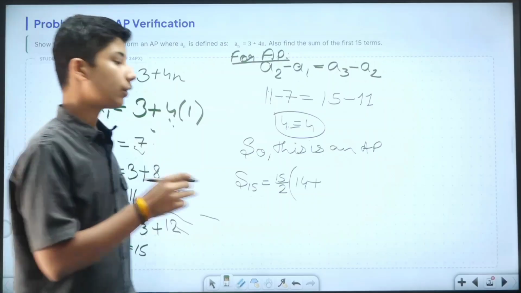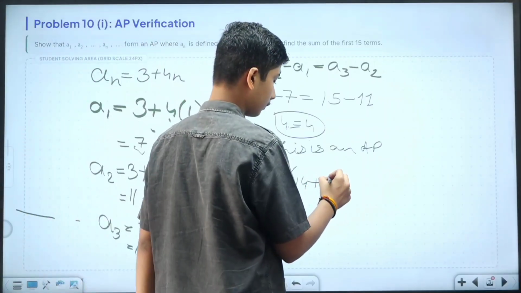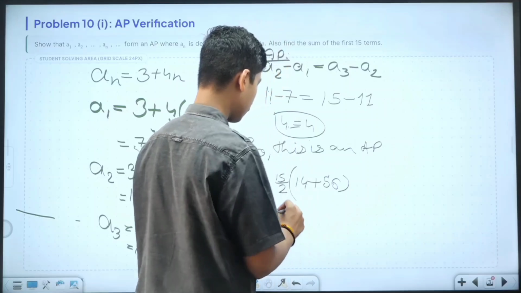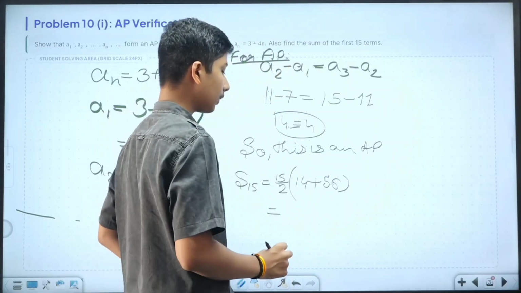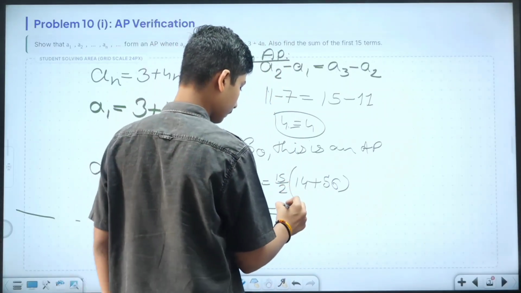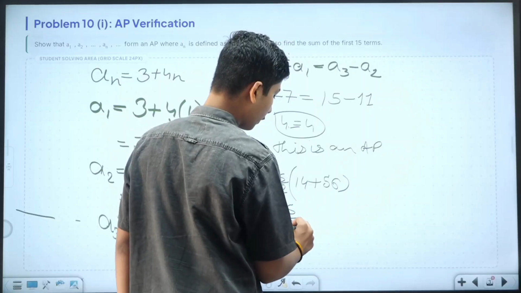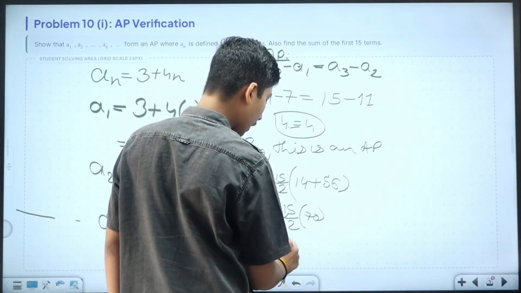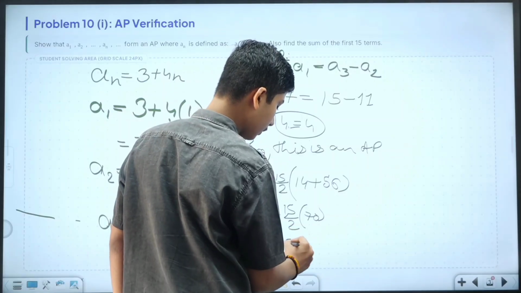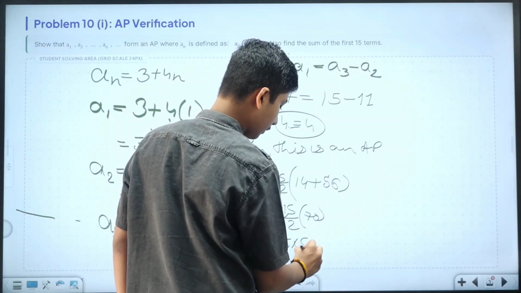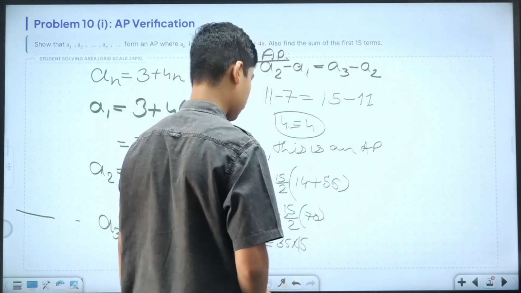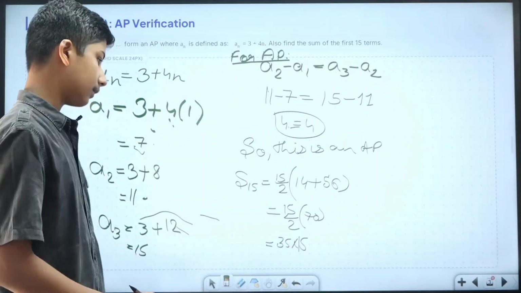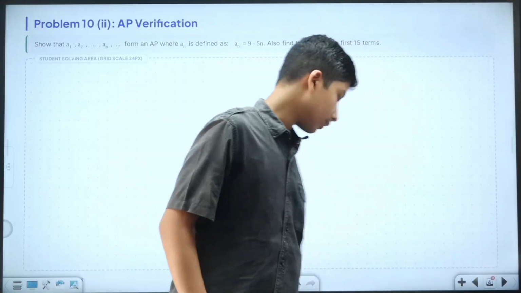The difference is coming 4. 14 into 4, 14 plus 56. 15 by 2 into 70. So our answer will be 35 into 15. And when you solve this, you will get the answer. Okay. Now let's continue with the next question.